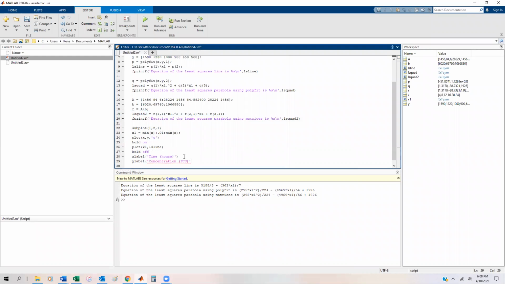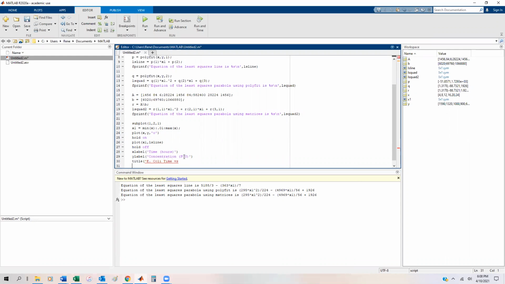All right. And finally, we're going to title this. This is going to be the time E. coli, time versus concentration, linear association, or we could just say linear regression. Okay. All right. Now the good news is we've just done all the hard work.